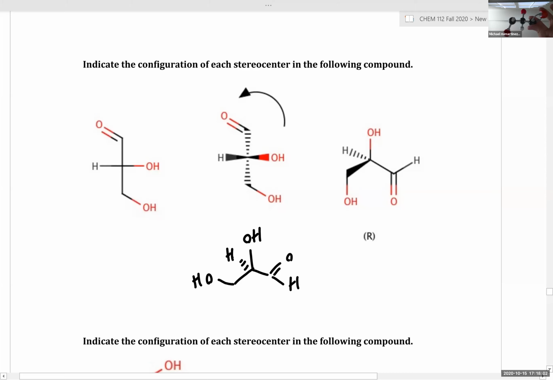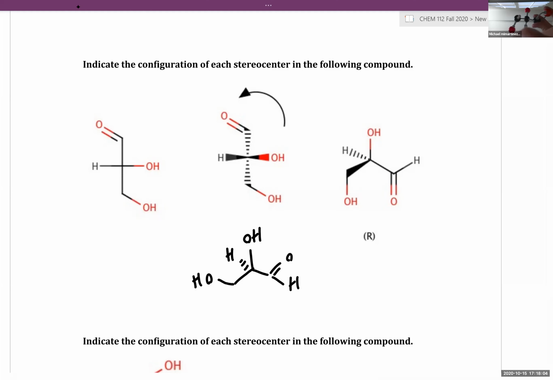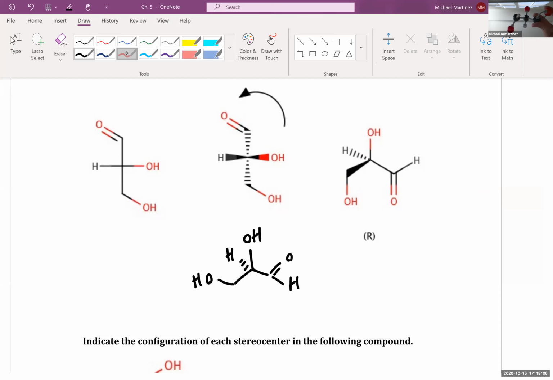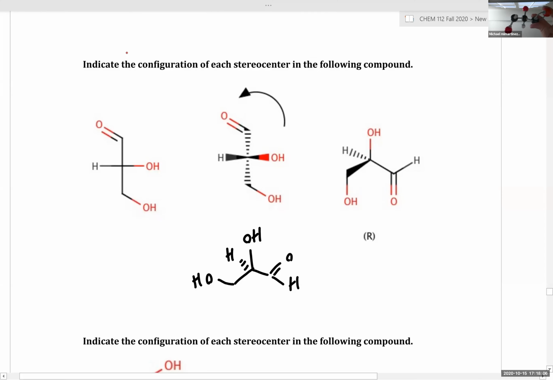So now that we have this established, we can assign priority just like normal. The alcohol is priority 1, the aldehyde is priority 2, and the methylene group is priority 3. Tracing from highest to lowest priority, we'd assign this stereocenter as R. Does that make sense to everyone? Does that process make sense?